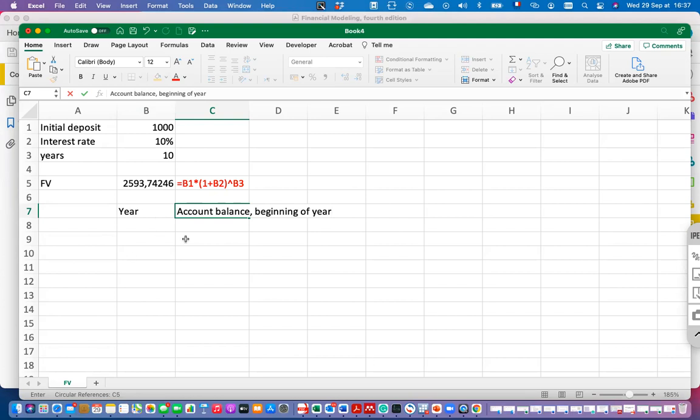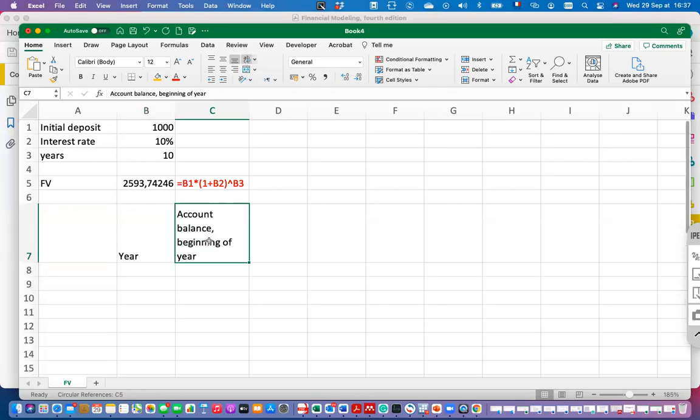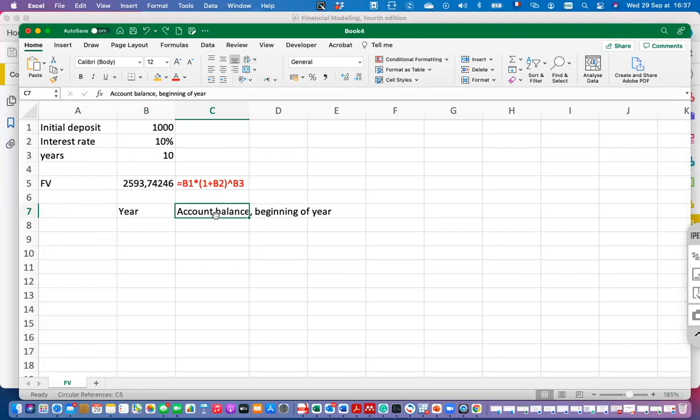So we'll start by first column, year, and we have account balance at the beginning of year. So we can wrap the text to save space. So we just go here, see. Wrap text is a function here on the top of your Excel sheet. Just click on the cell, right, and go here, which is an icon called wrap text.